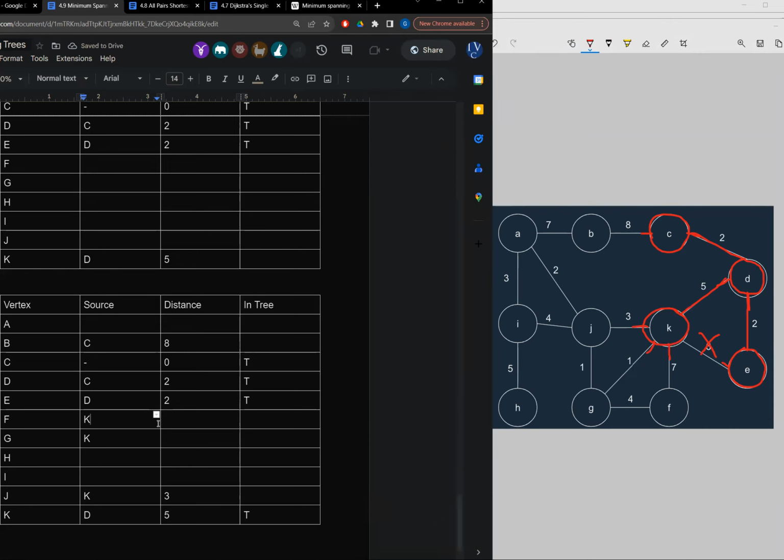So F for 7. G for 1. And I already got the 3 in there for J, right? So there are 3 edges, new information getting to the K node. All right, so we have now 8, 7, 1, and 3 to choose from.